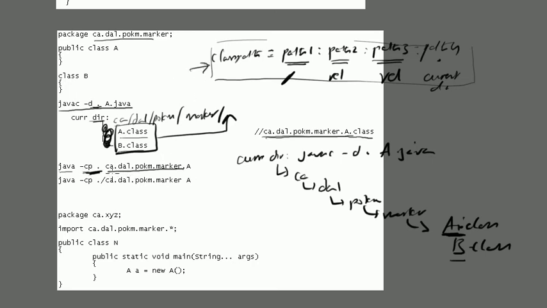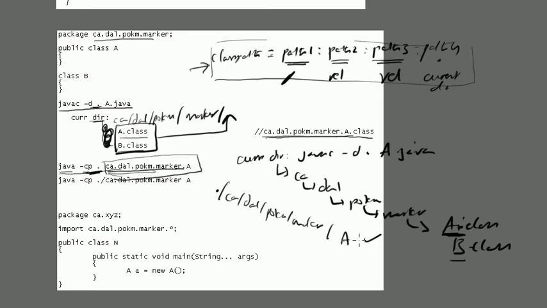Okay, now you're saying ca dot. So what happens here is whenever you say this, Java would take this name here, right? So to the current path, which is the current directory, it takes this one and tries to append ca dal pocum marker, and then tries to find a .class with the name ca.dal.pocum.marker.a.